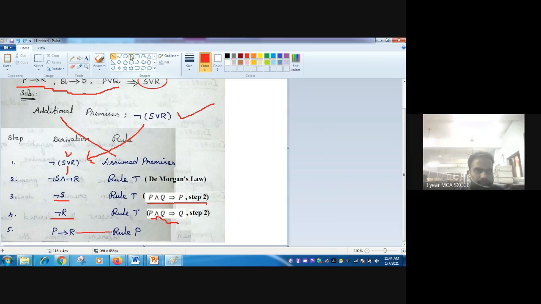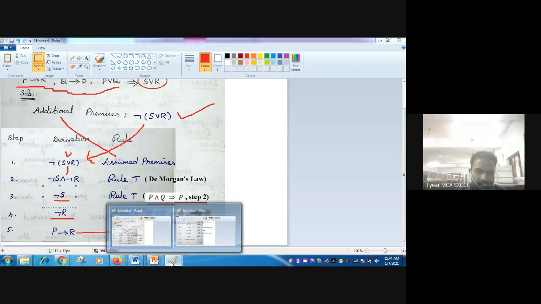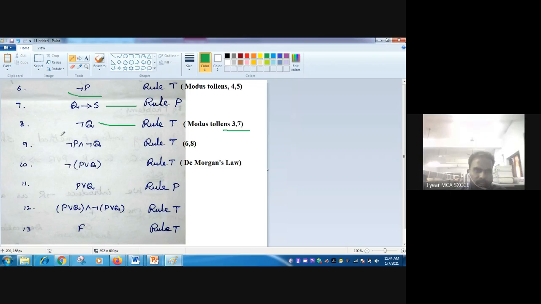Step 3 is negation S. Combining steps 3 and 7, negation S and Q implies S, we get negation Q, that is all. That is why we got negation Q, right?